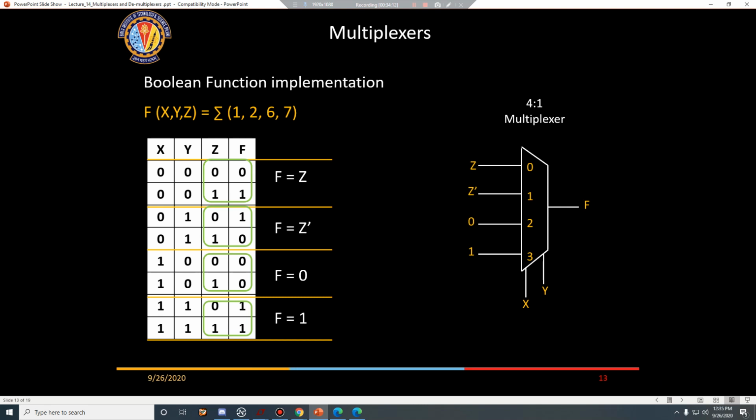Even if it's a 4 variable function, you can have a combination of 2 variables coming here. I'll show you one more example of this, and it will become clear then. In the tutorial also I have given some problems on this, so it will become even clearer in tutorials.